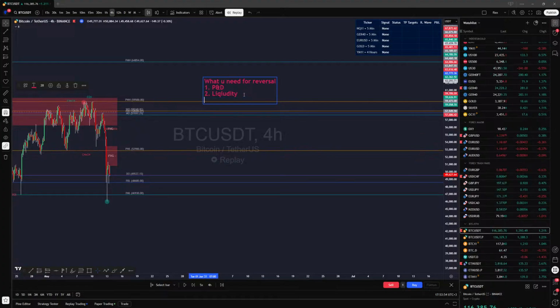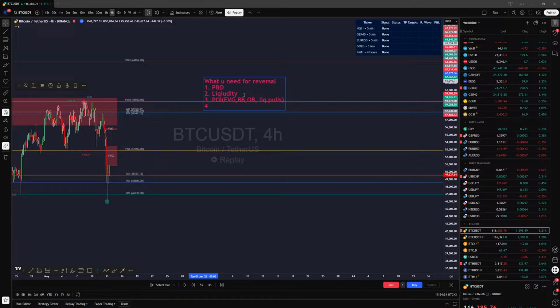Third, POI, obviously. It has to be in a reversal POI. It can be a fair value gap, breaker block, order block, or just liquidity pools, such as previous daily high, previous weekly, previous monthly high, etc.